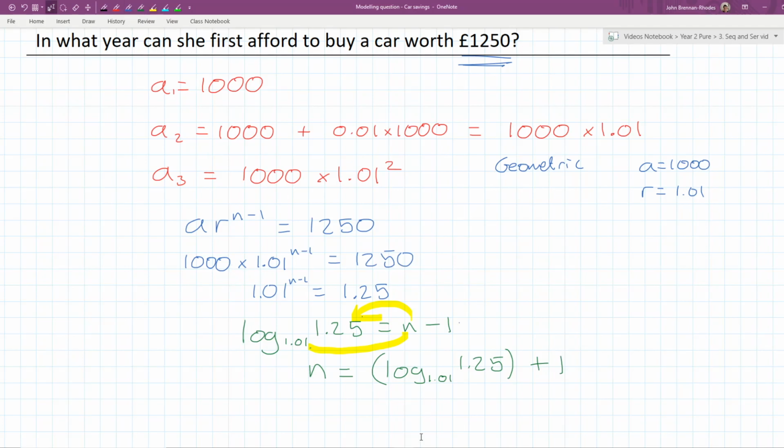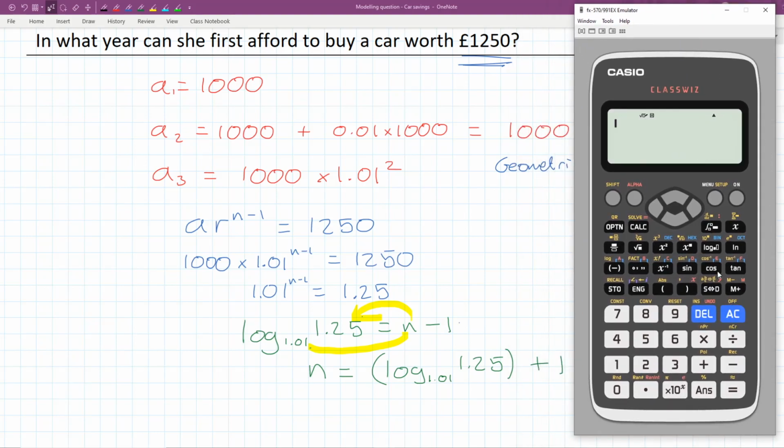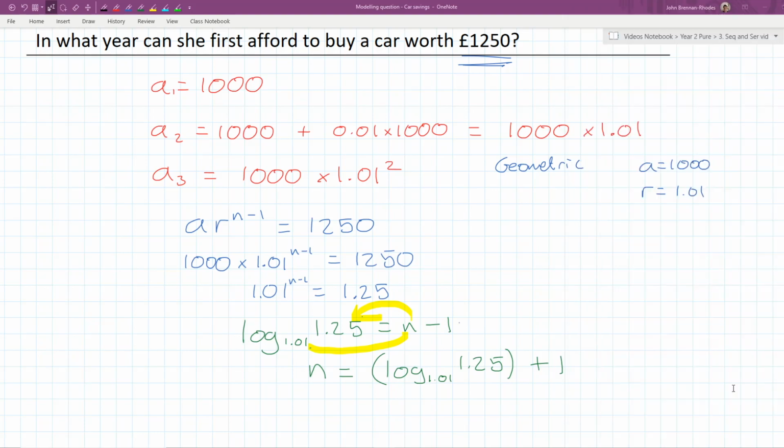So let's put that into the calculator. Just a reminder of how to do this, we press this button. We make the base 1.01 of 1.25, and then I add 1 to that value. So this gives me a value of 23.4.